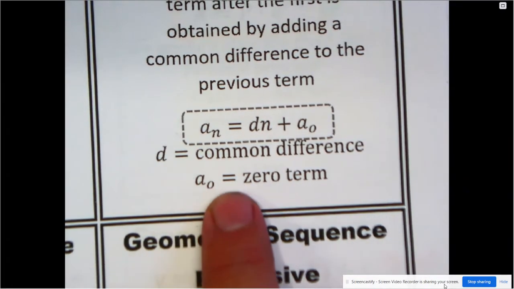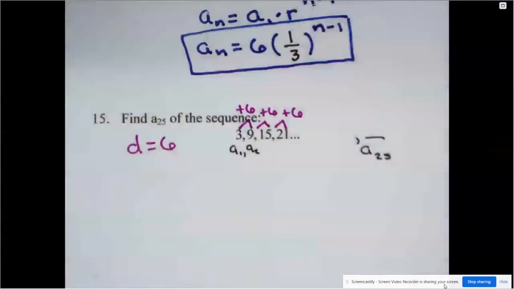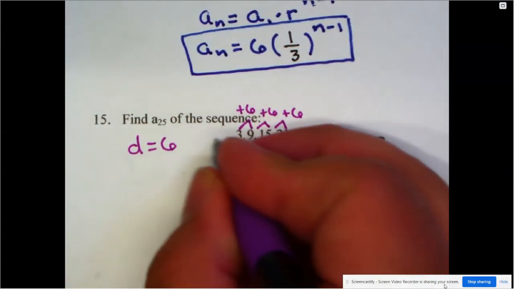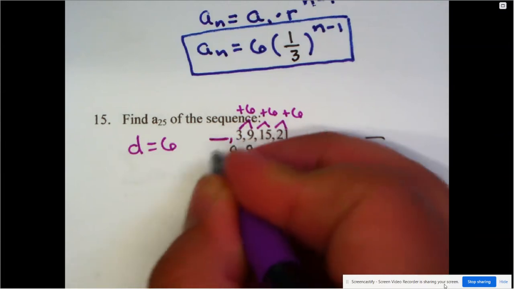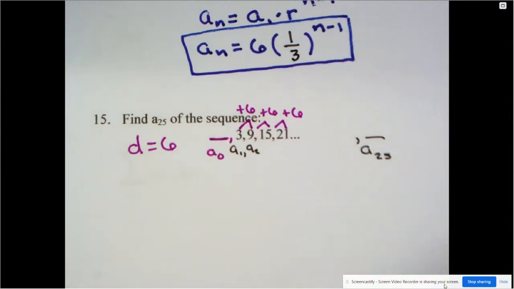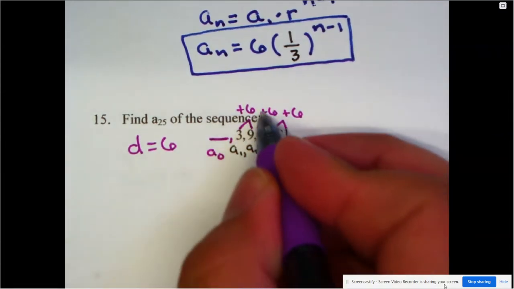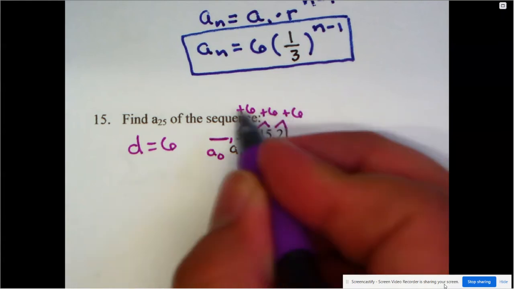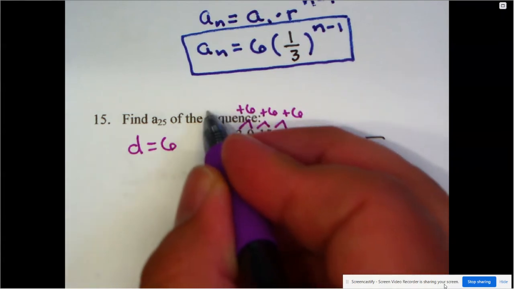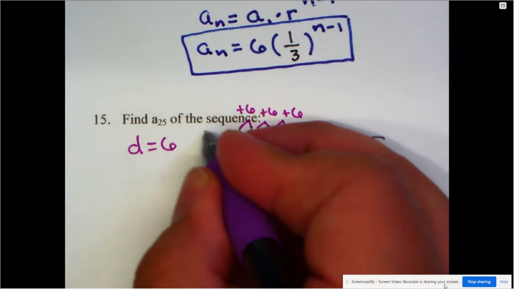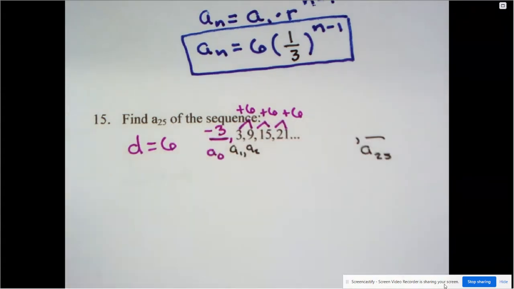But I needed the 0 term. So remember, that was the one special case again, where I need the term that happened over here, a sub 0. Well, again, if you were adding 6 to go to the right, then I should subtract the 6. So 3 minus 6 would be -3. Now I officially have everything I need for this problem.